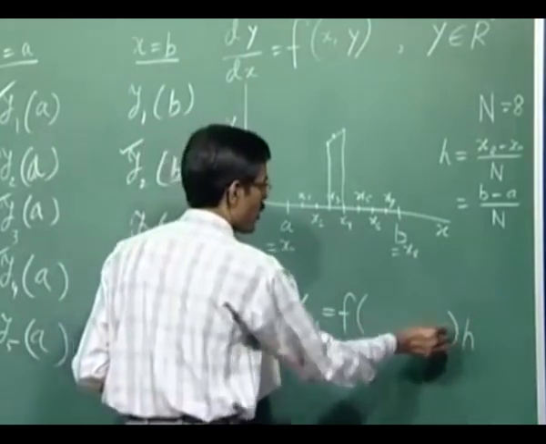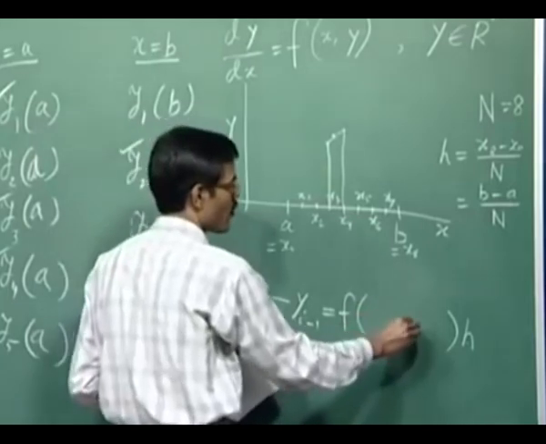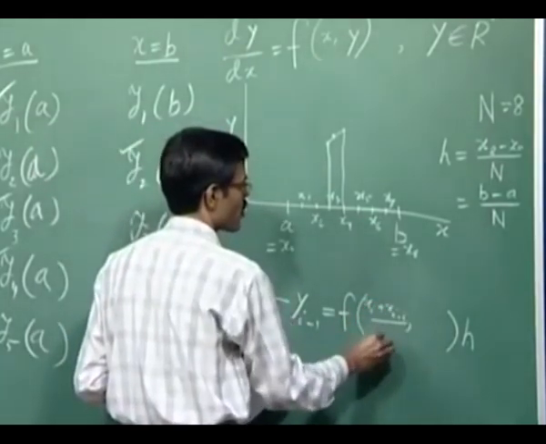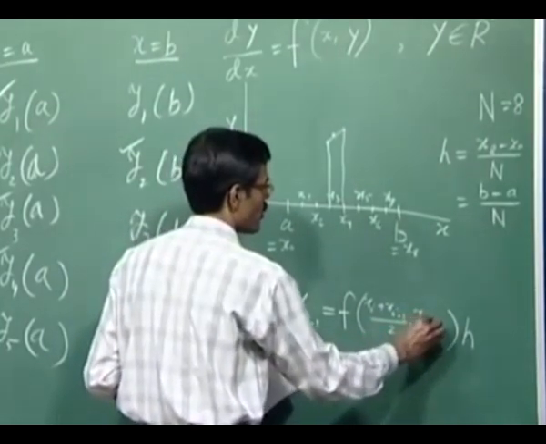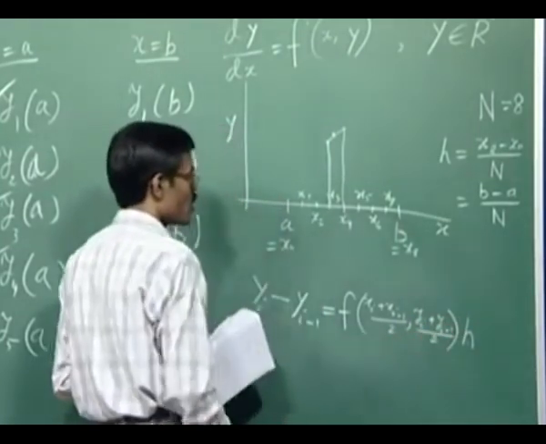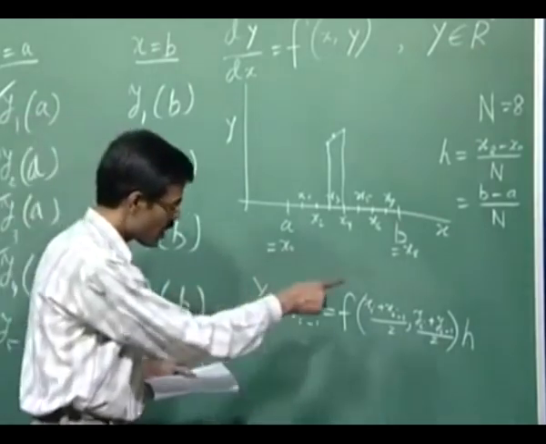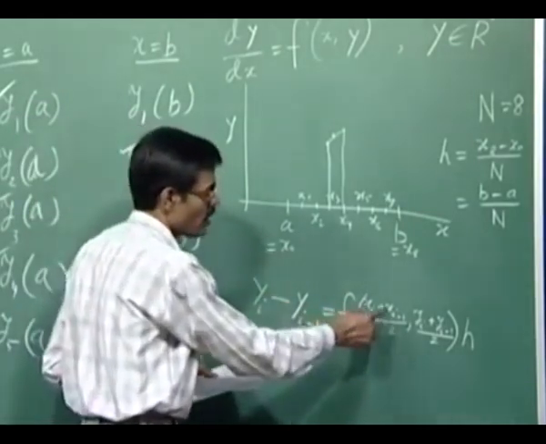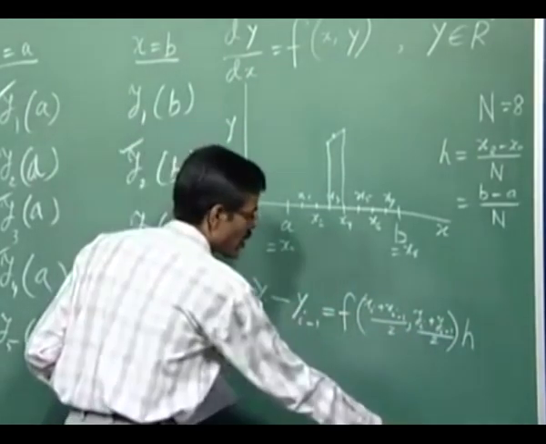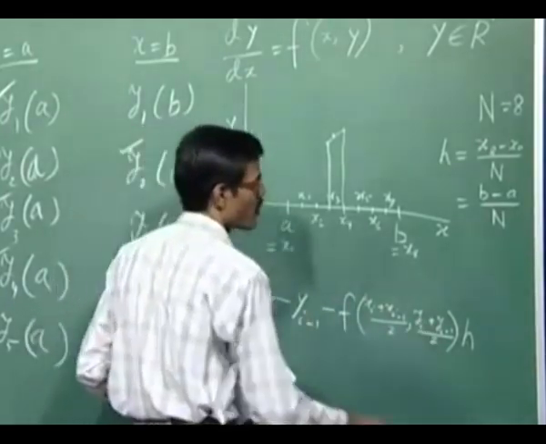Now, this f is evaluated at which point? We are planning to evaluate it at the midpoint. So, that will mean xi plus xi minus 1 by 2, yi plus yi minus 1 by 2. So, now consider this. This is an equation in xi minus 1, yi minus 1, and that is it. You can also say you bring the entire thing on this side.